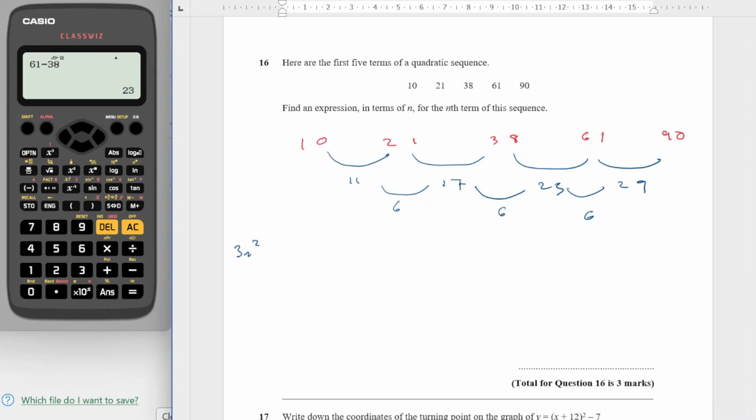Then if we look at what those numbers would be, so 3n squared when n is 1, that would be 1 times 3, so that would be 3. When n is 2, that would be, and again, we can use our function part on our calculator if we want. So I'm doing 3 times by x squared, sorry, x cubed.